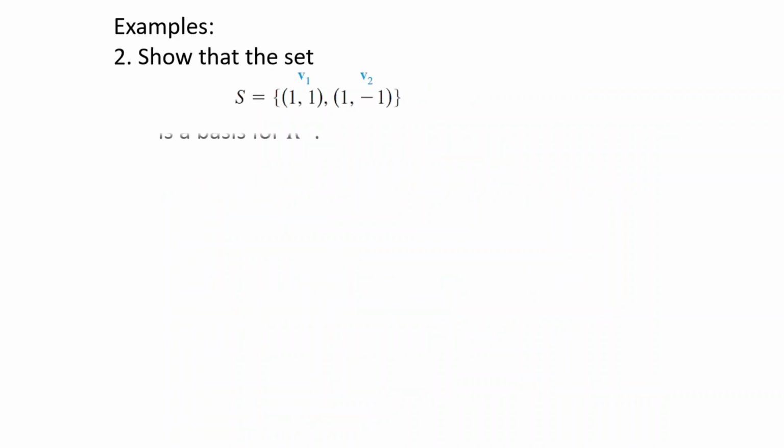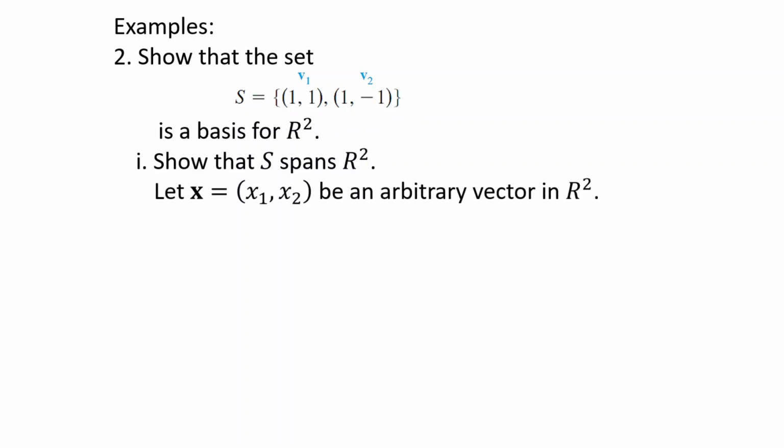Next, let us show that this set S is a basis for R2. First, we show that S spans R2. So we want to show that each vector in R2 can be written as a linear combination of these vectors in S. We let x be an arbitrary vector in R2.